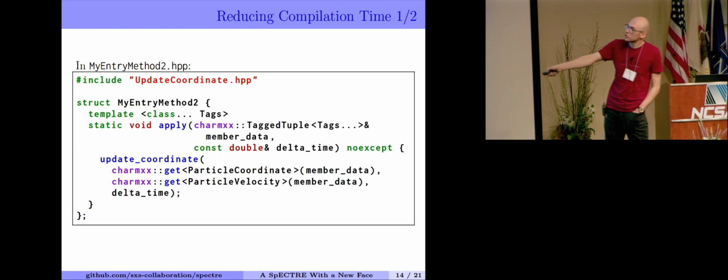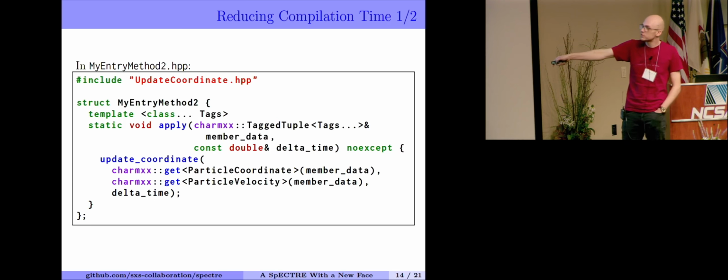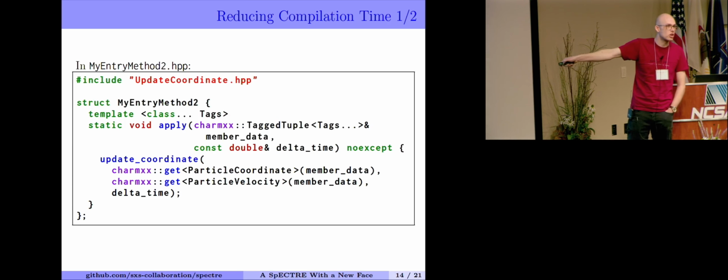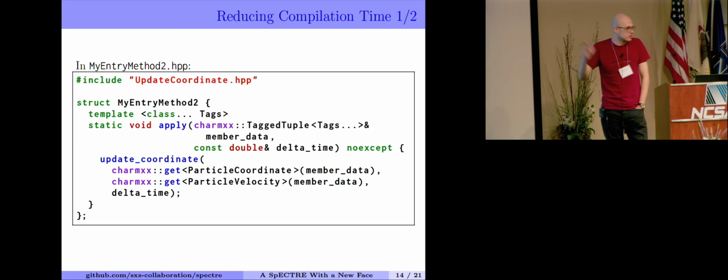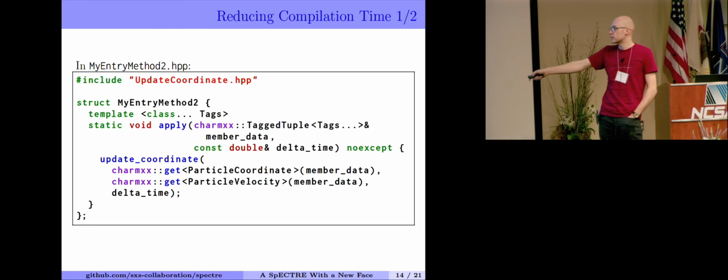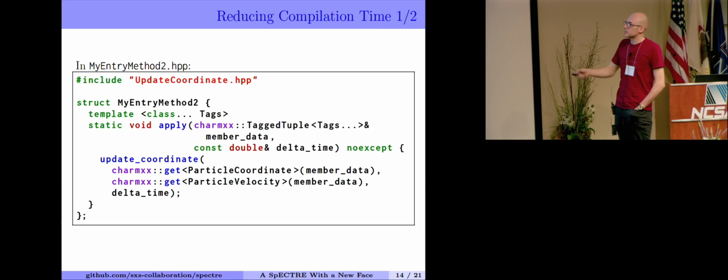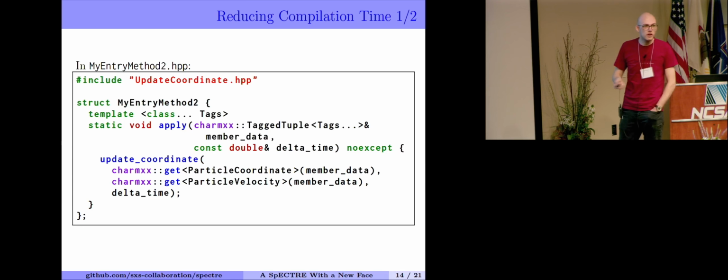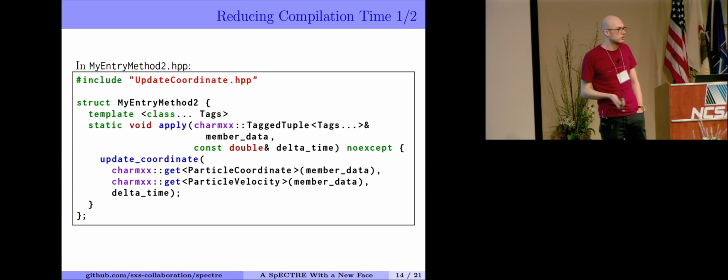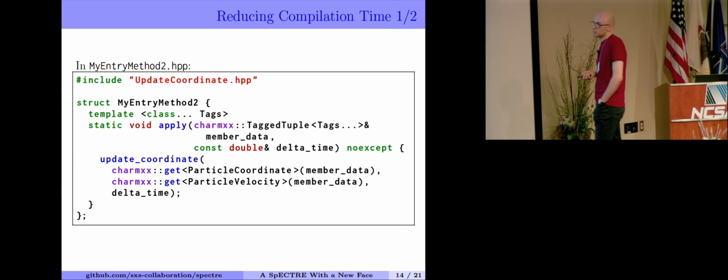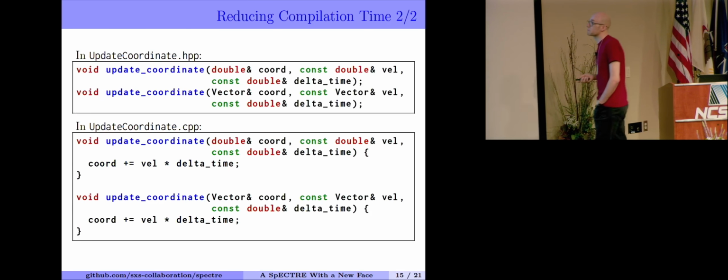So that literally all you have in the entry method is: here, I get some data, I call the update, and then below here, I could have another charm invoke call, which would be your MPI send if you're more familiar with MPI. And so that means that the actual code that you stick in your header files for your entry methods is quite minimal and won't burden you in terms of compilation time.